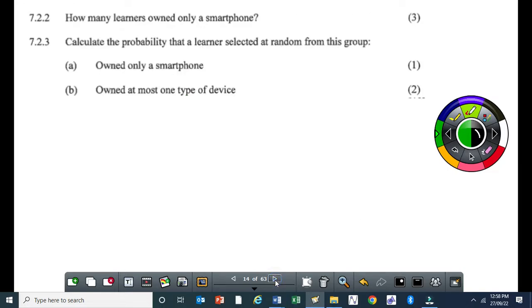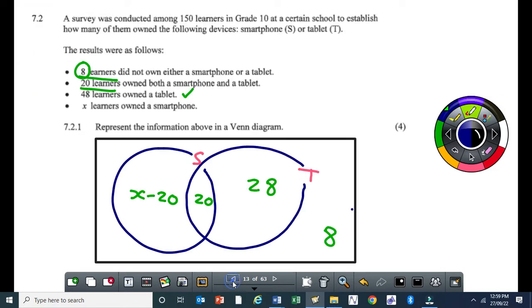Then now the question, 7.22, says how many learners own only a smartphone? Now here we have to solve for X first. In order to solve for X, we have to write an equation in terms of X. So the equation has to start with the total in the sample space on the left hand side, which is 150.